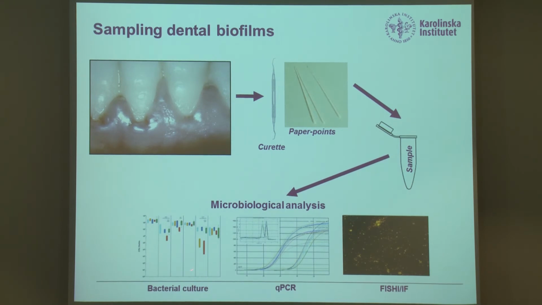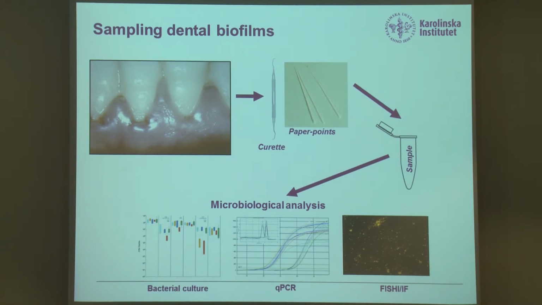We can actually perform pure bacterial cultures, where we will be able to see only the viable cultivable bacteria. We can perform real-time PCR analysis, by which we can identify also the non-culturable bacteria, and it is quite frequently used and established in various laboratories.